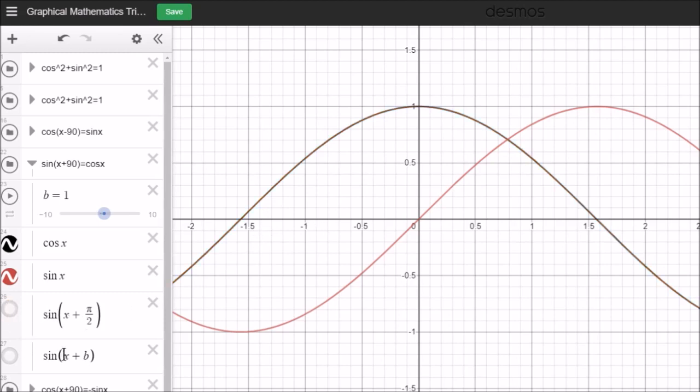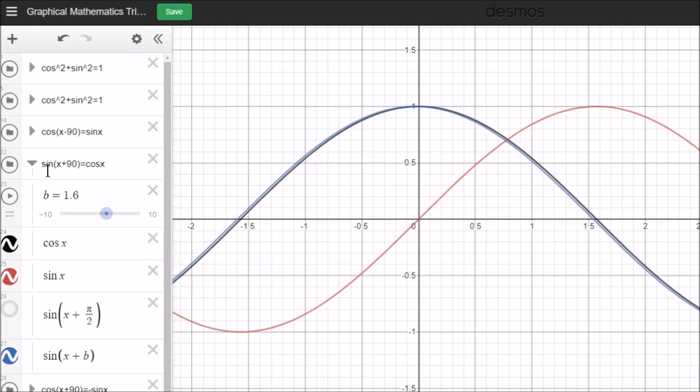Again, it's better seen whenever we actually move it. If I put in sine of x plus b and adjust it so the sine function sits on top of the sine function first of all, that's when b is equal to 0. Whenever I move it, you can see it shifts to the left by 90 degrees and it becomes the cosine function.